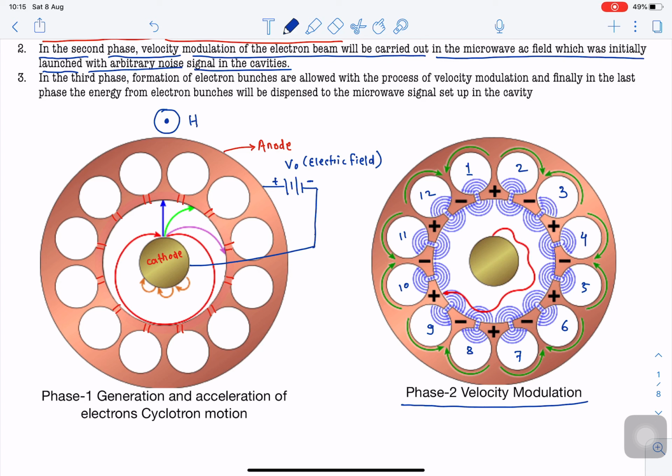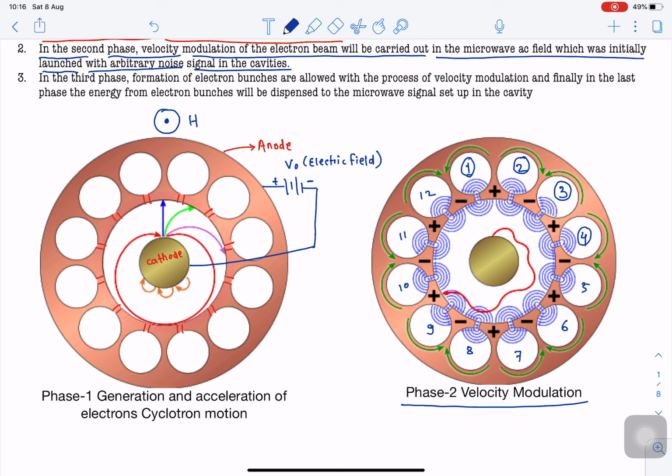When the velocity modulation process begins, the cavities will alternately change their phase. For example, if you see cavity number 1 with cavity number 2, the phase of these cavities during velocity modulation is opposite. Likewise, the phase of cavity number 3 is opposite to that of 2, and 4 is opposite to that of number 3, and so on.